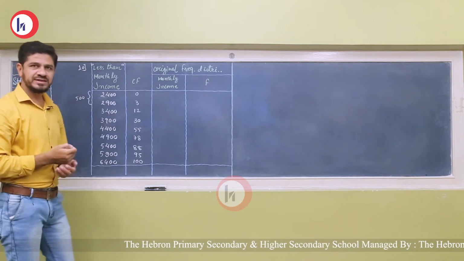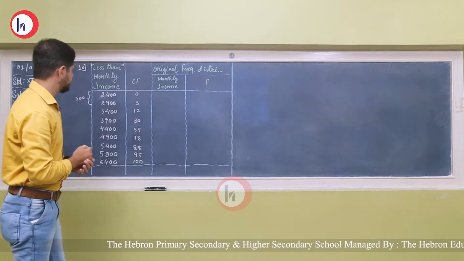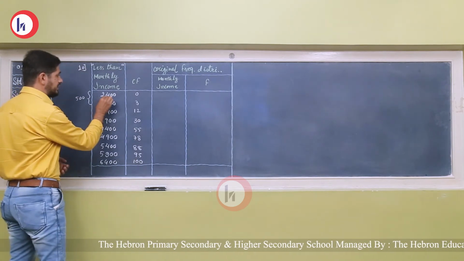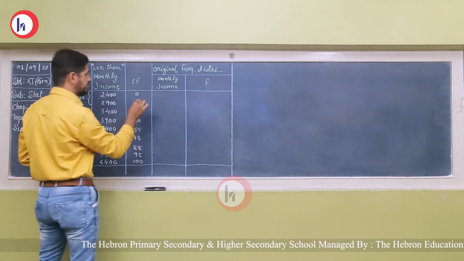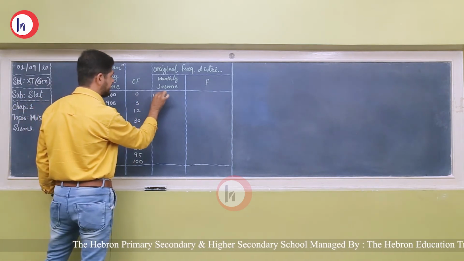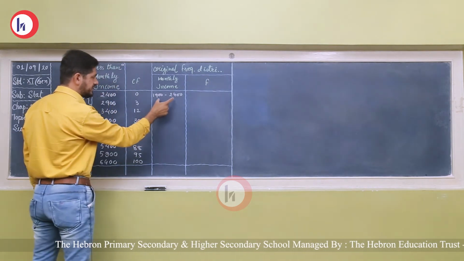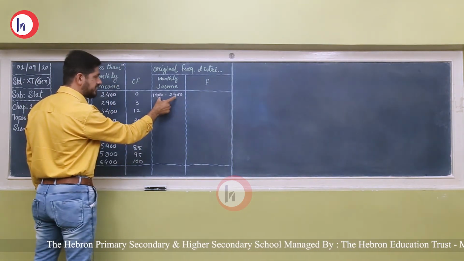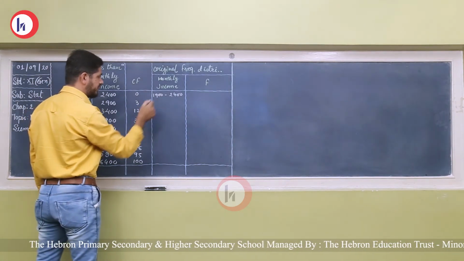So the class length is 500. So what should be the first class? Less than 2400, but up to where? So naturally, it starts with 1900 and ends with 2400. So you can see the difference between these two values is 500, 1900 to 2400.